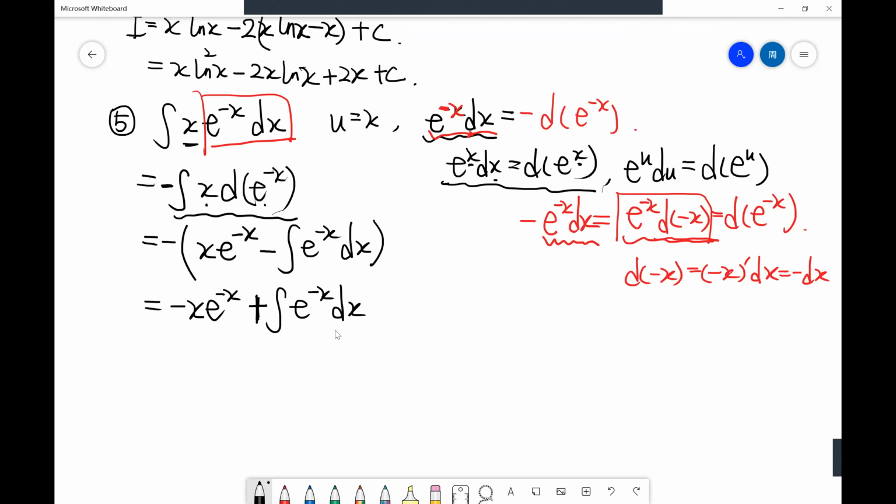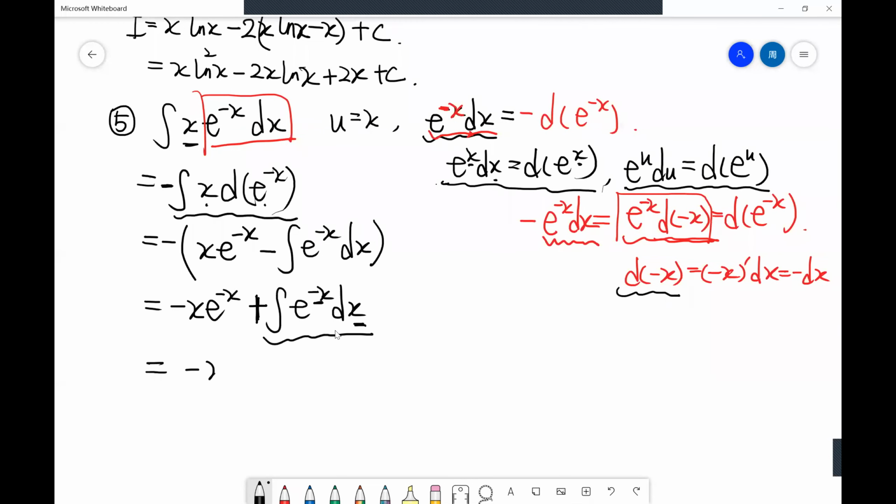here. And then for this part, actually we use this formula again. So here I want to change this part and this part to let these two parts the same.